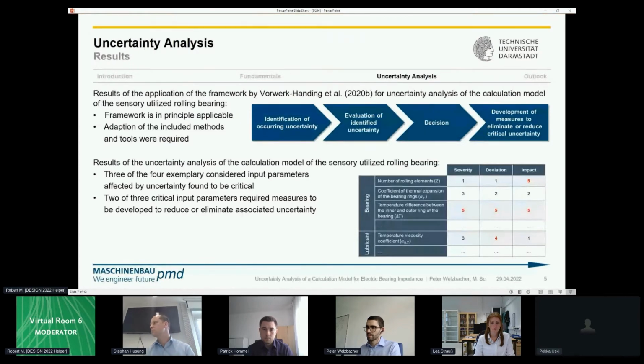Furthermore, of these 3, 2 required measures to be developed in order to reduce or eliminate their associated uncertainty, and thus ensure the quality and reliability of the data provided by the sensory utilized rolling bearing.